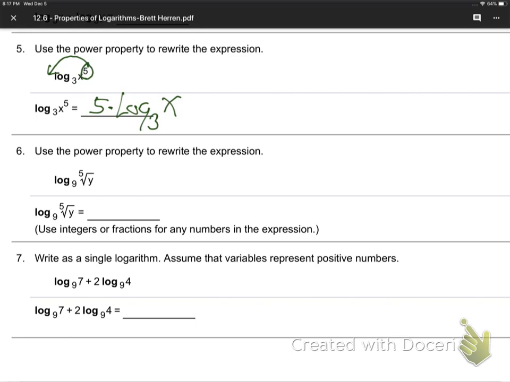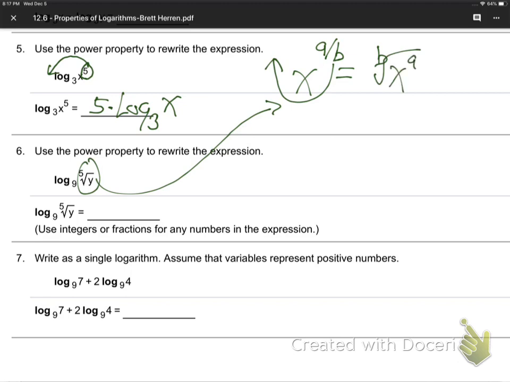Okay, now number 6 is a little tricky. It's tricky because you have to know what a root does. So remember that if you have anything like x to the a over b power, that b swings into the hook like that.